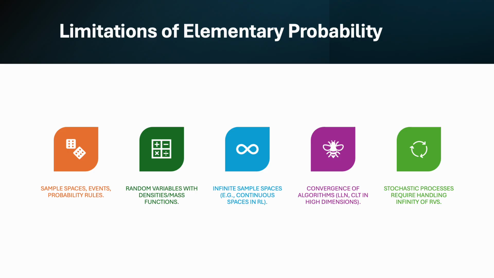Elementary probability, reliant on finite sample spaces and simple event definitions, faces severe limitations in complex artificial intelligence systems like robotics, where state spaces are continuous and high dimensional, making it impossible to define events or assign probabilities using basic counting rules, as seen when a robot must assess collision risk across infinite possible obstacles, shapes, and trajectories.